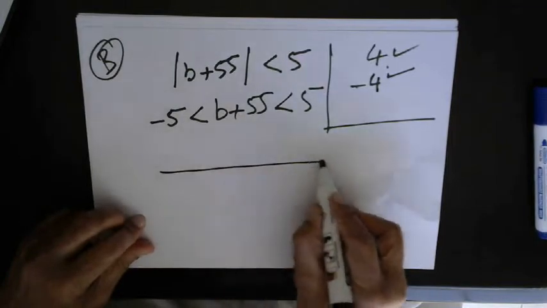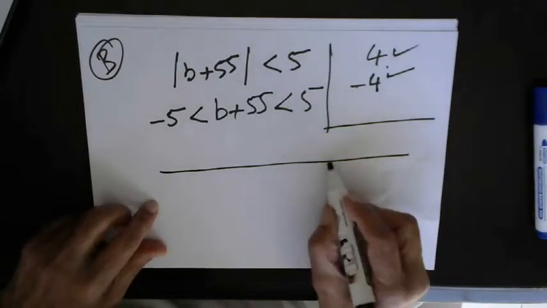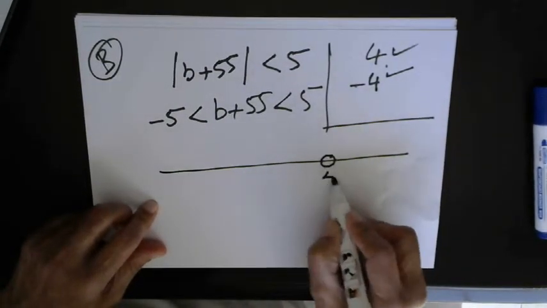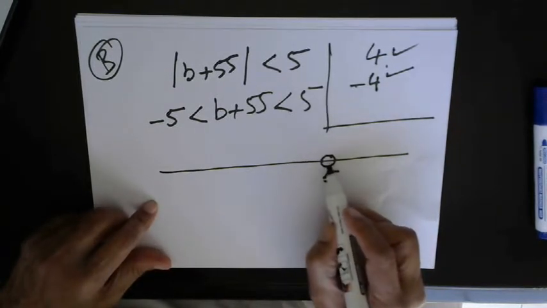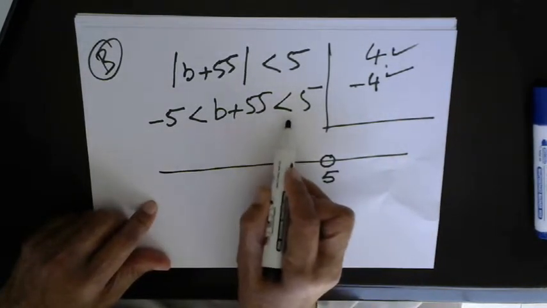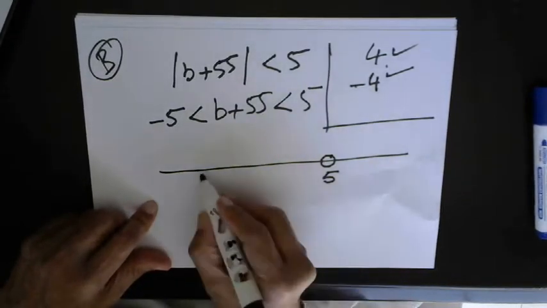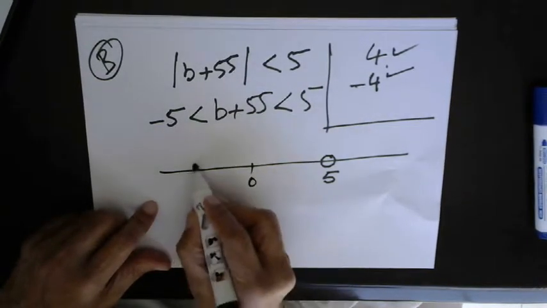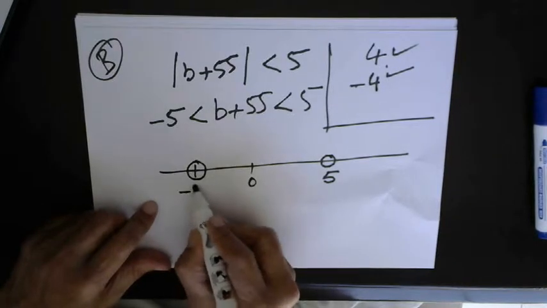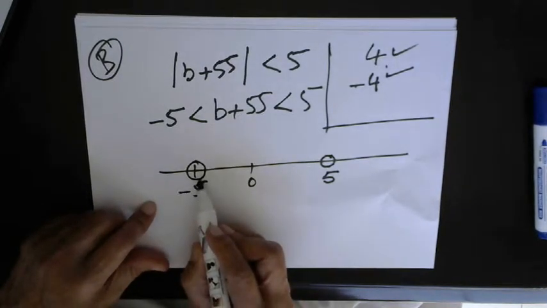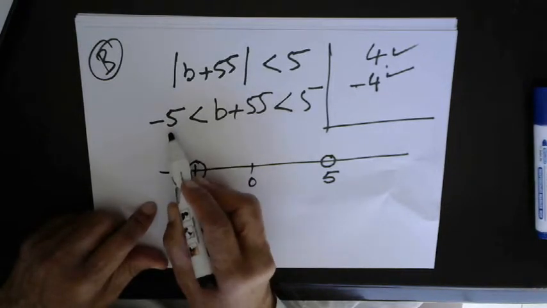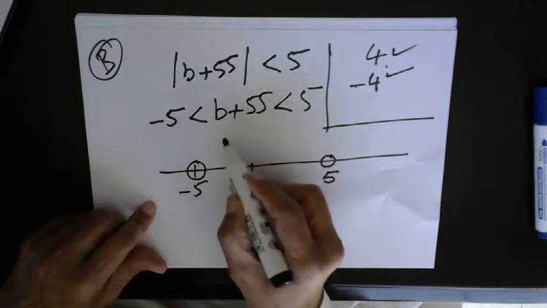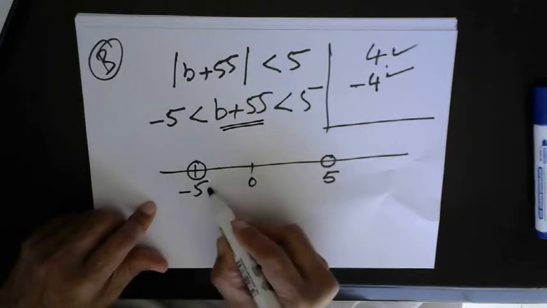If I draw a number line, and write 5 here and make a hollow circle, which means this is not included because we do not see the sign of equality here. And this is 0 and this is -5. Here also this is a hollow circle because the equality sign is not there and -5 is not included. So this b plus 55 is here.